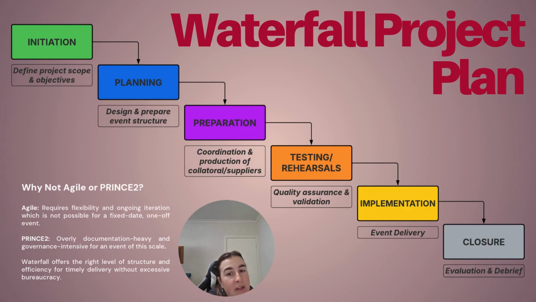So once the event night arrives, there's no opportunity for iteration or change, which is what makes the waterfall structure very appropriate for this project because of its linear approach. It works in the most effective way to manage the timelines and dependencies and stakeholder approvals.